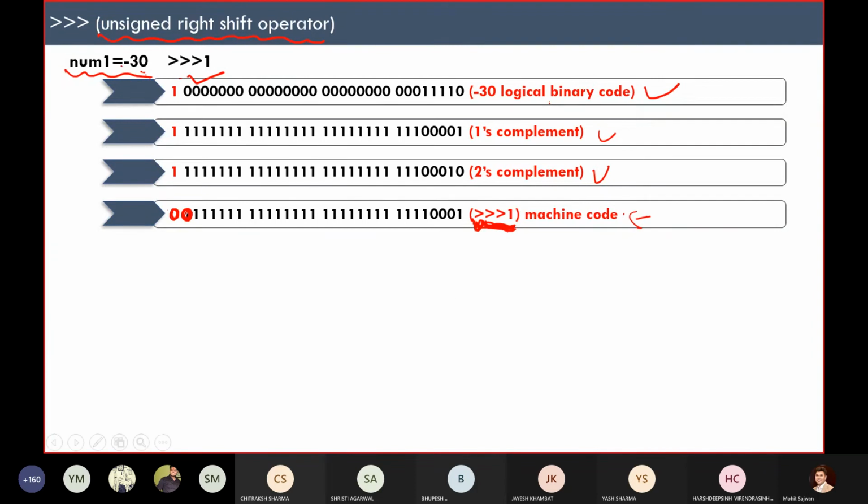Once you convert this number, we get this value. Now here is a question for you: should we again perform 2's complement for this number? Anyone? No, sir.